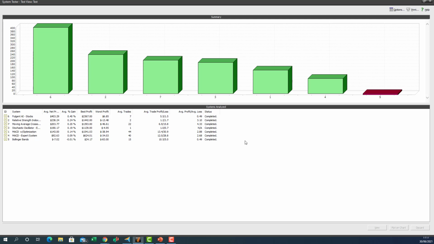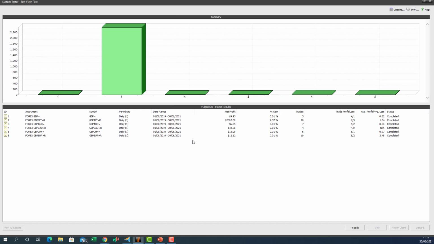So we can see there. Average trades, I like the ones where there are fewer trades. The stochastic oscillator just did one trade. Not sure why that one didn't work so well. But you can see here there's also a lot of trades being done with the MACD trading method. So that's interesting, but so far the Fulgent comes out on top.